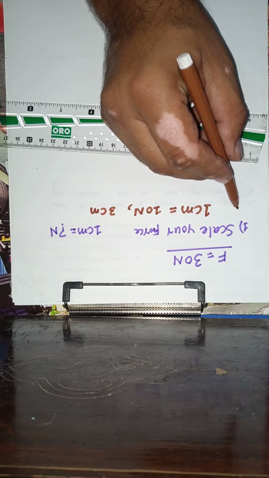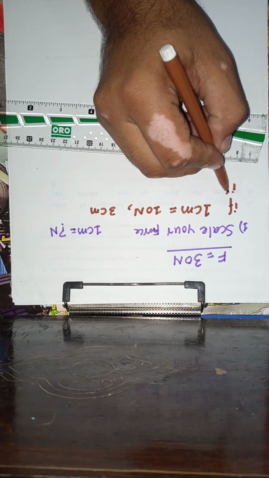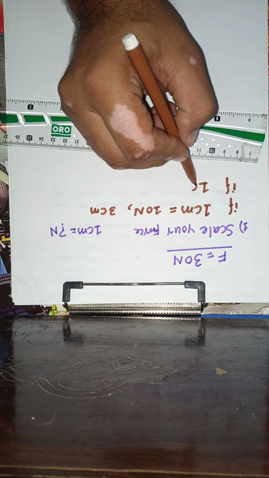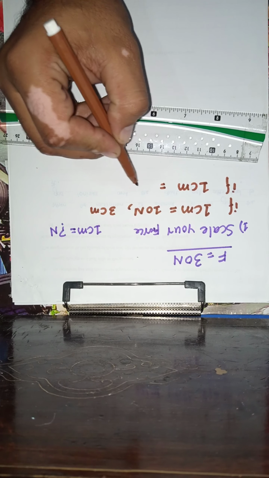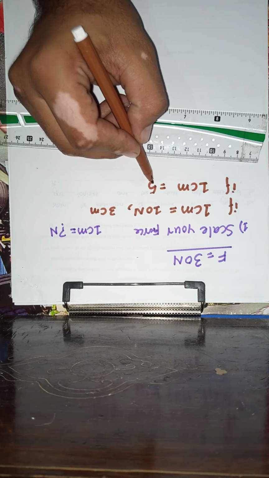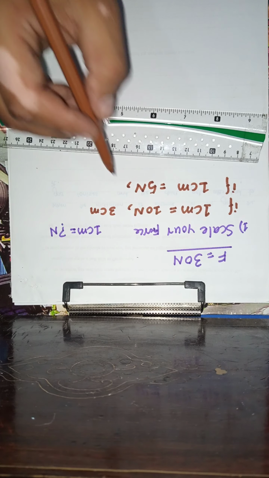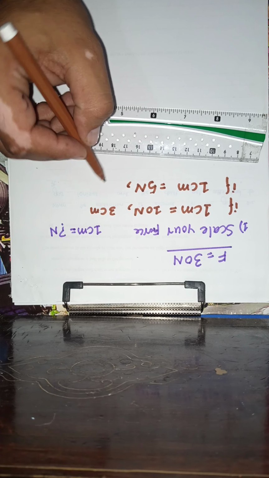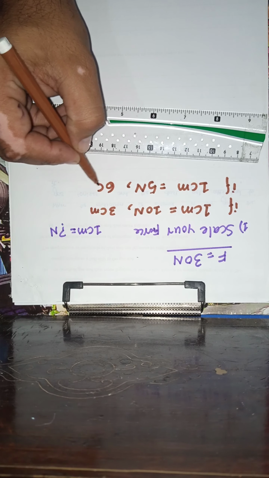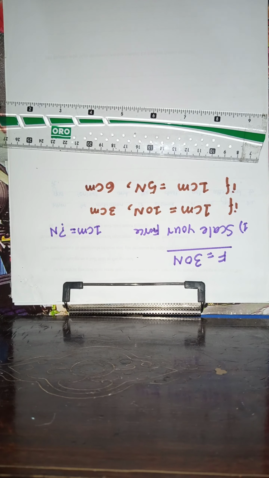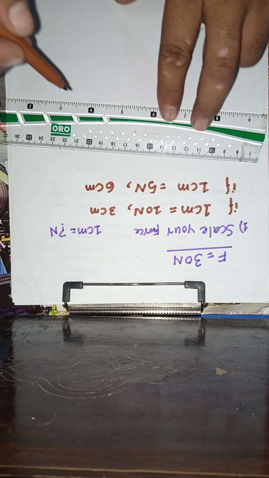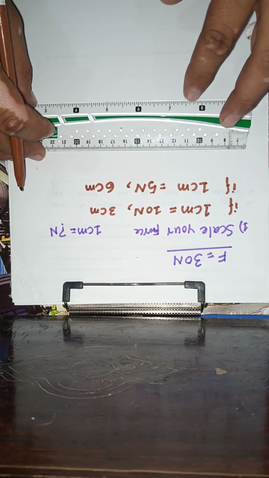If I say that 1 centimeter is representing 5 Newton, then your vector will be 6 centimeters long. So I will just draw a force without its direction.